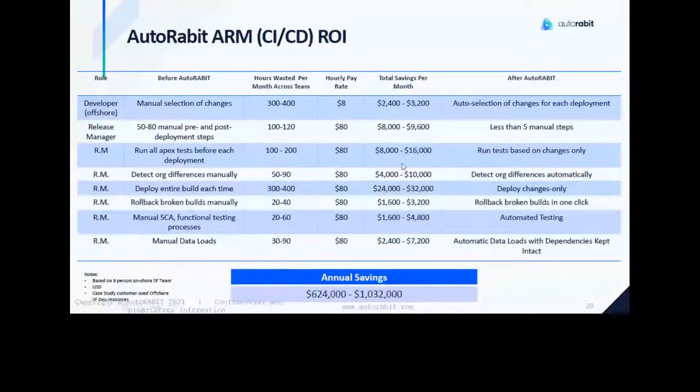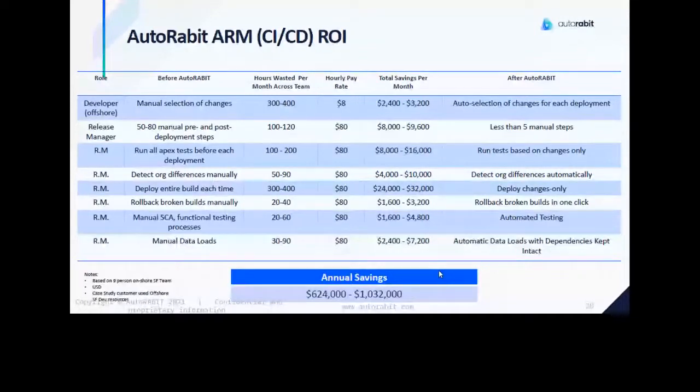So across this whole life cycle, we have tried to find out some of the important steps, and then find out the USD or dollar savings over a period of time, right? So total savings per month for an enterprise client, based on a 9% offshore Salesforce team in USD, in terms of offshore Salesforce development or captive unit, is somewhere around 624K USD to 1 million USD per month, right?